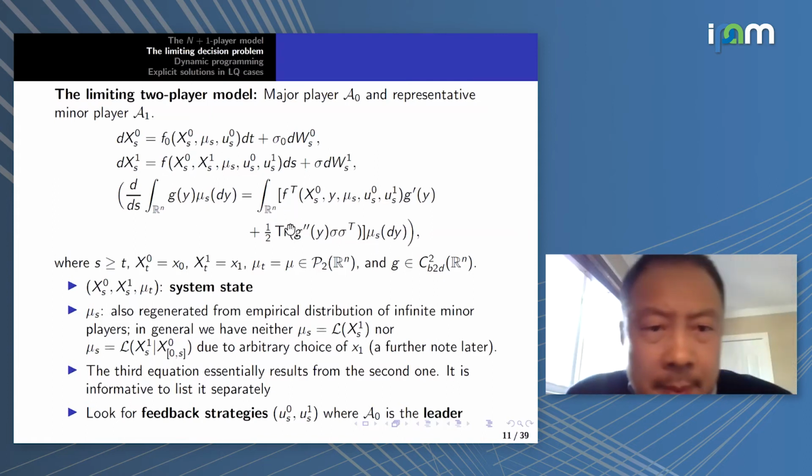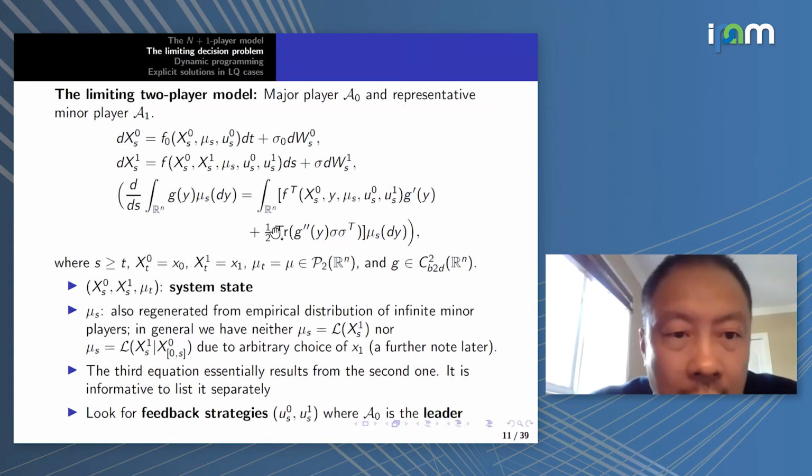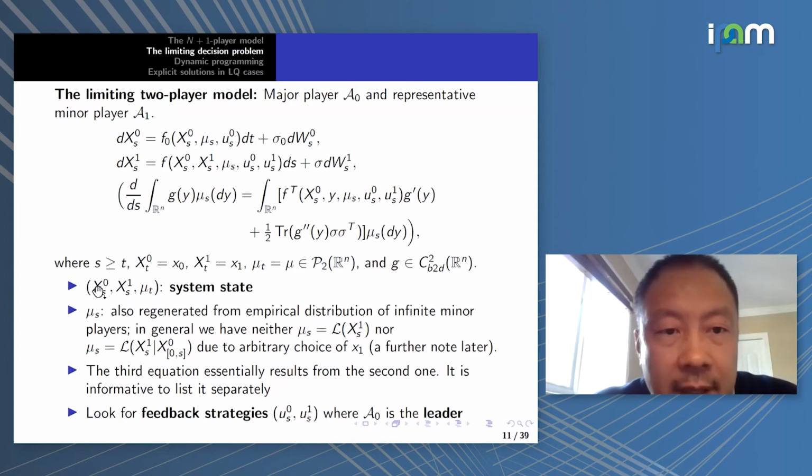Here we have a little remark about how to understand the model. Basically we treat these three entries as the system state. So we have the major player's state, the minor player's state, then the distribution mu s.